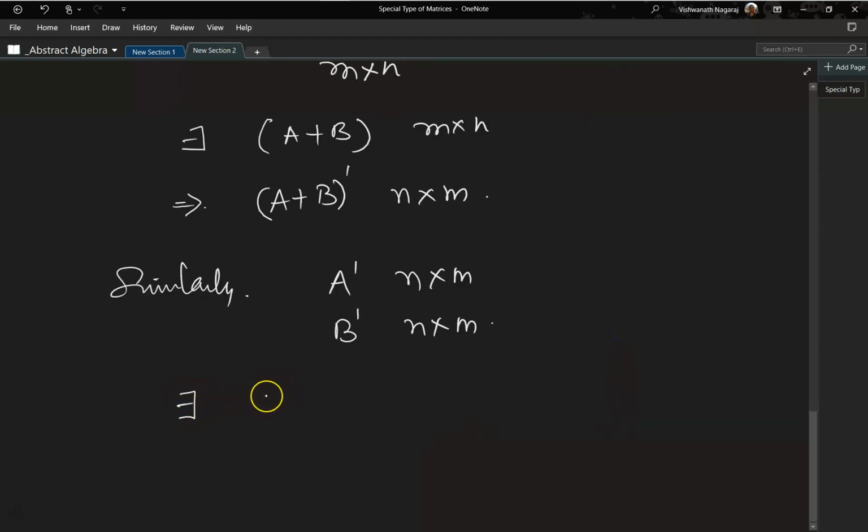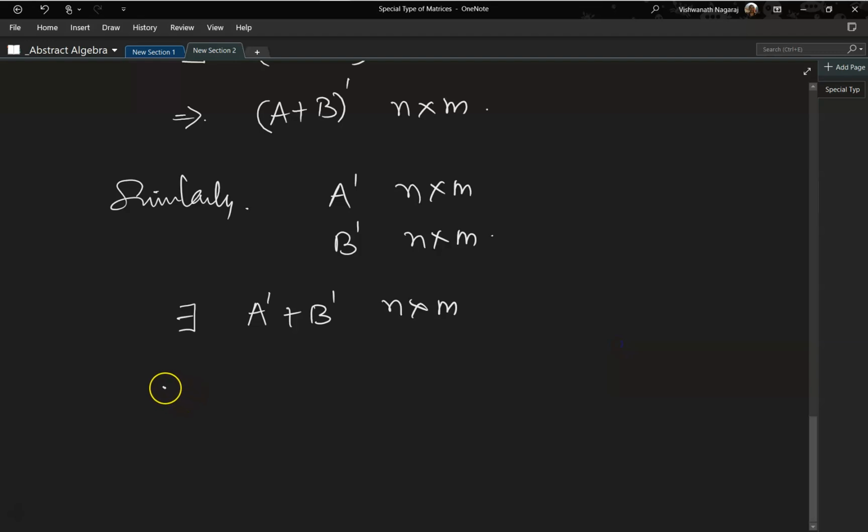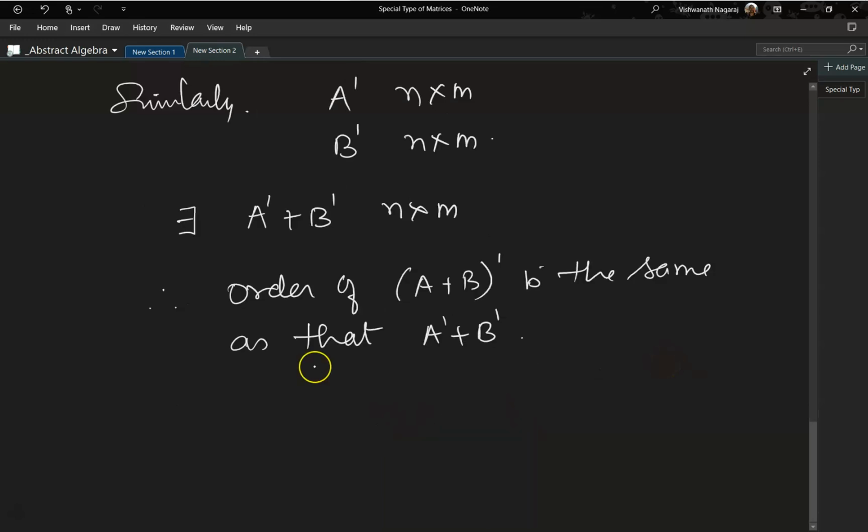Therefore, there exists the sum of these two transposes, which is also going to be an n by m matrix. So, the order of (A plus B) prime is the same as that of A prime plus B prime, or transpose of A plus transpose of B.